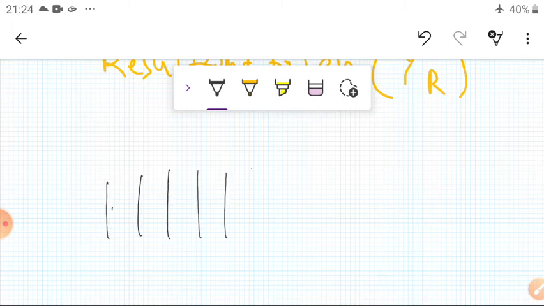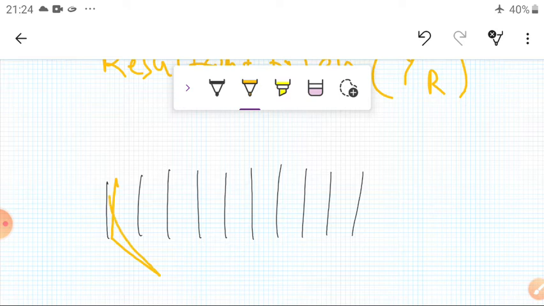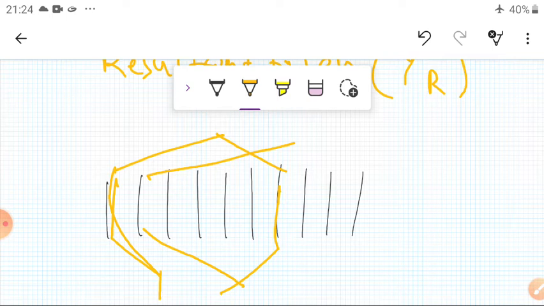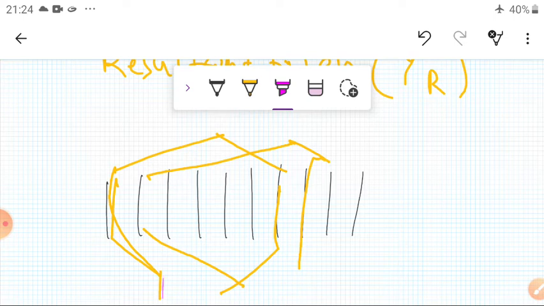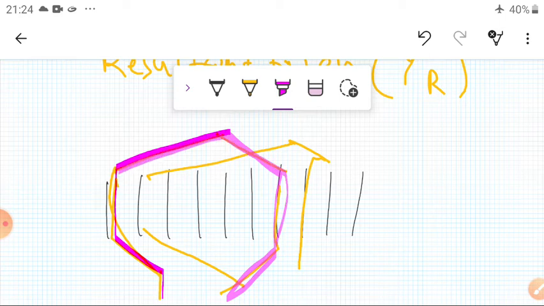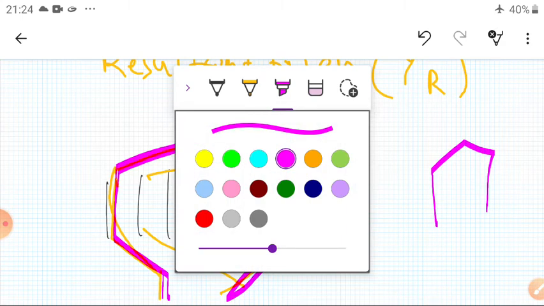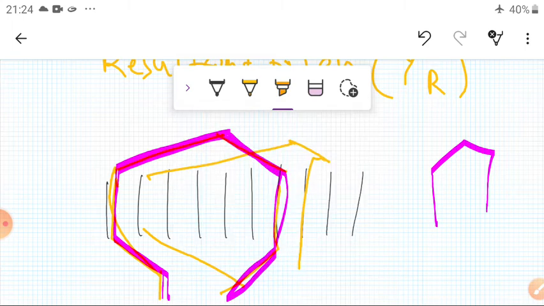Here you can see one, two, three, four, 5, 6, 7, 8, 9, 10. One coil is placed here and connected to some pole pitch here. This is one slot. Next it is connected here. This is one coil, and this is another coil.